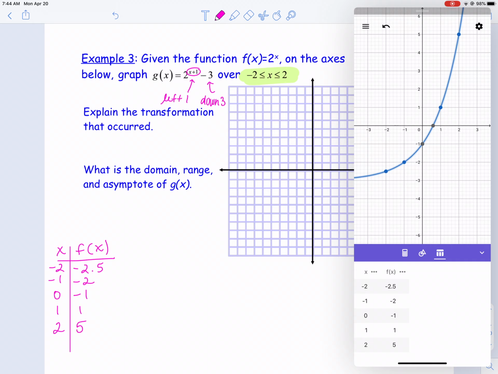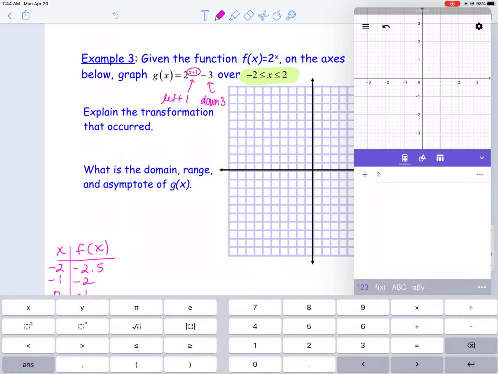Now, really important. I didn't do this when I originally graphed, but I'm just going to show you something. If I did that again and I did 2 to the, in the calculator, in the exponent I should say, x plus 1, and then I tab out and do minus 3, and I want a restricted domain, I'm going to hit a comma, and then I'm going to type in the restricted domain.